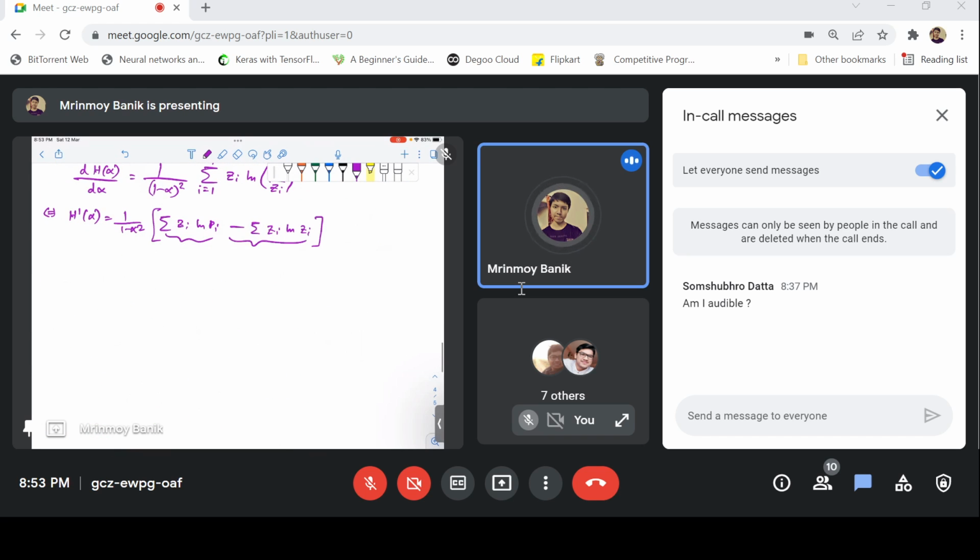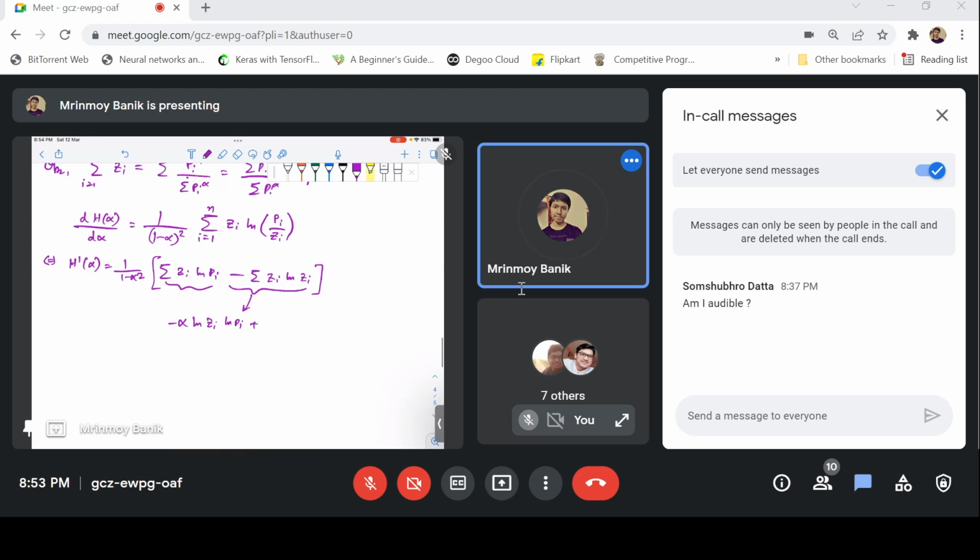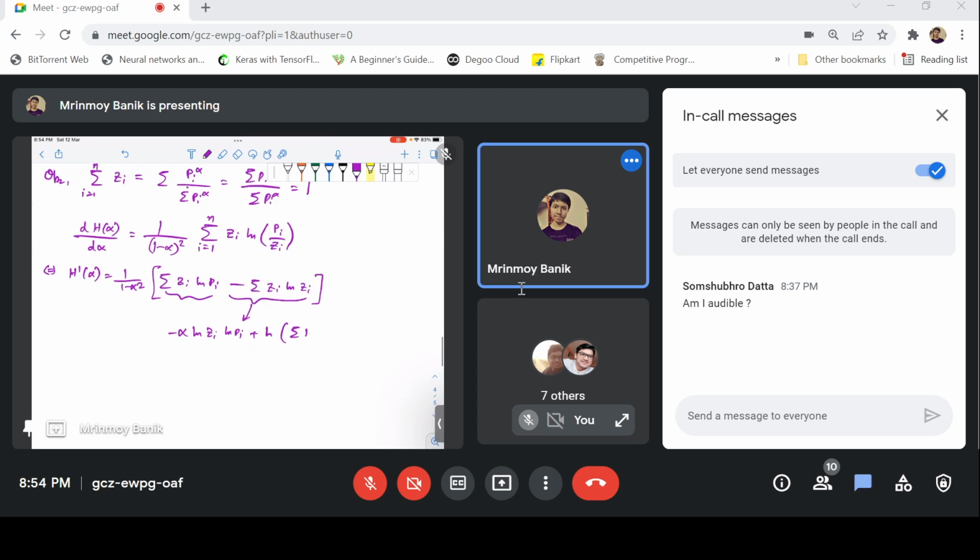So somehow this thing must be equal to minus alpha times ln zi ln pi plus ln sum over pi power alpha. How is that even possible?